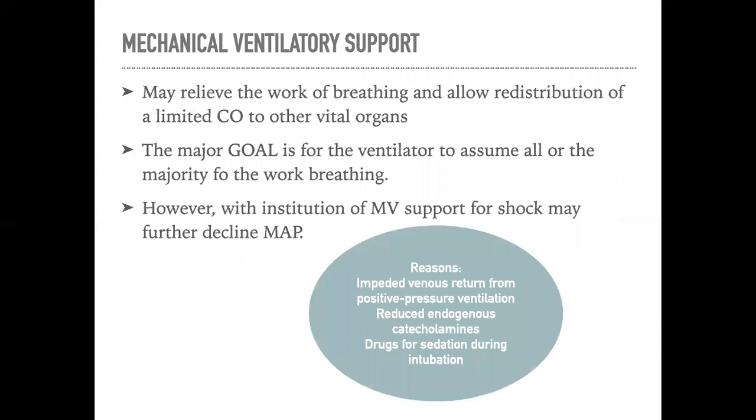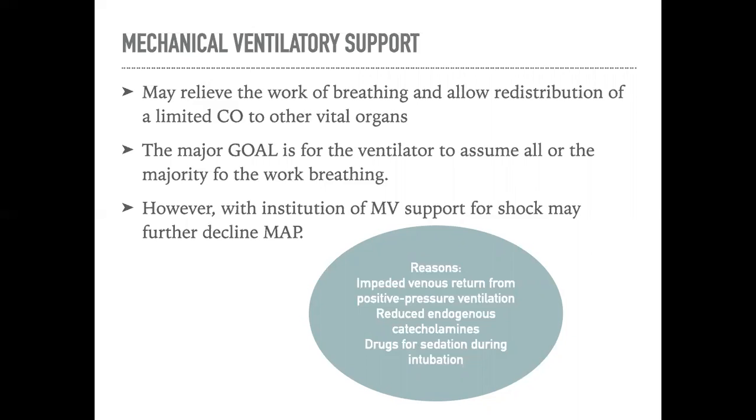Once we initiate mechanical ventilation, this would relieve the work of breathing and allow redistribution of a limited cardiac output to other vital organs. So the major goal is for the ventilator to assume all or the majority of the work of breathing. However, you should remember that upon the institution of mechanical ventilation, shock may further decline.